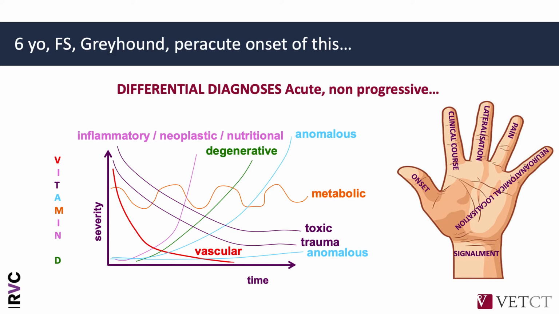Prior to making our list of differential diagnoses, we need to think about the signalment. So we have this 6-year-old female spayed greyhound that presented with peracute onset of acute, non-progressive signs, no very obvious signs of lateralization, no pain, with your neurolocalization, which I'm not going to say.